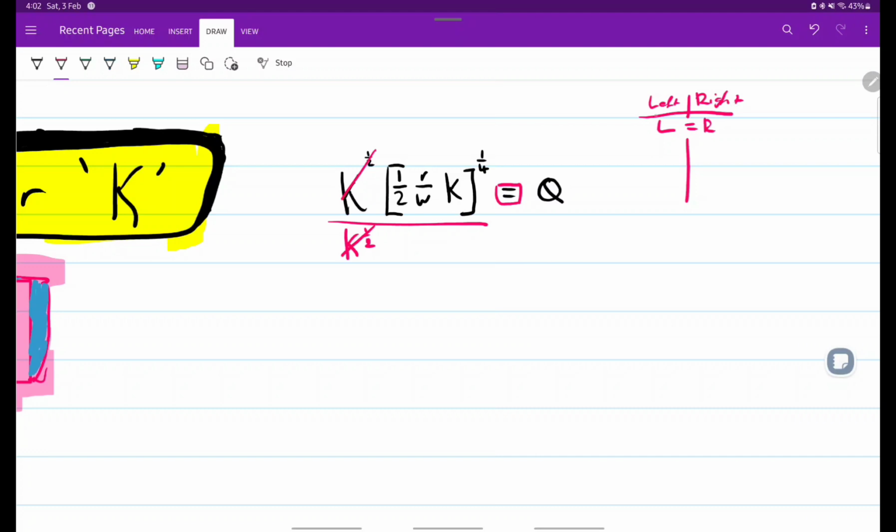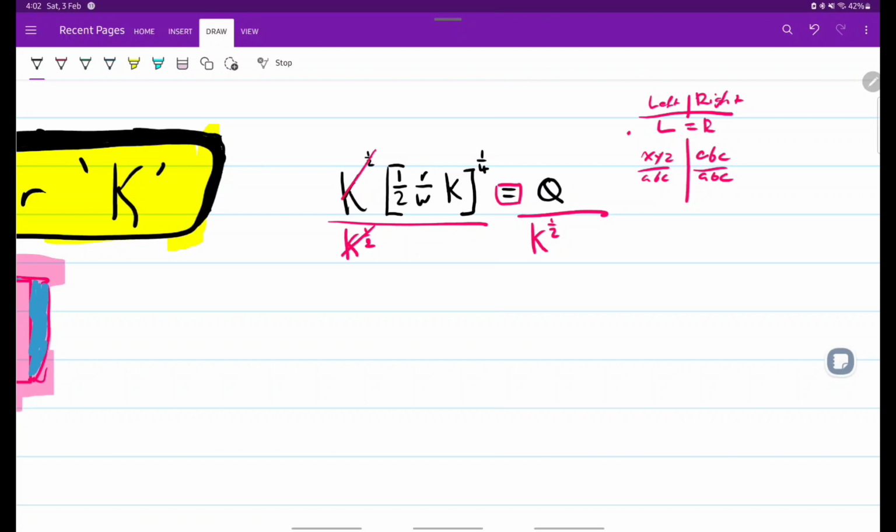So whatever you do to one side, you must do to the other, to keep them equal because of the equality sign. So I will have to divide this through by k to the 1/2. Keep that exponent there. That comes along for the ride.